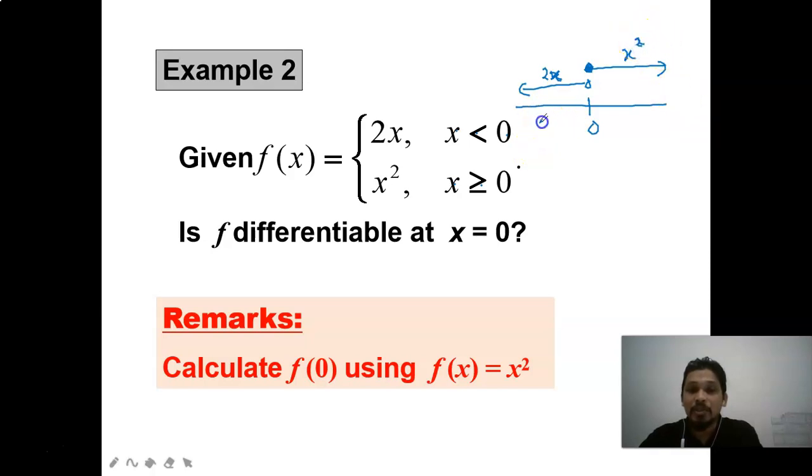So when x approaching 0 from left, we look at the function 2x, and if x approaching 0 from right, then we refer to this function. Then calculate f 0 using f x equal to x squared. Why? Because it's only for x squared that x is equal to 0. You got it?